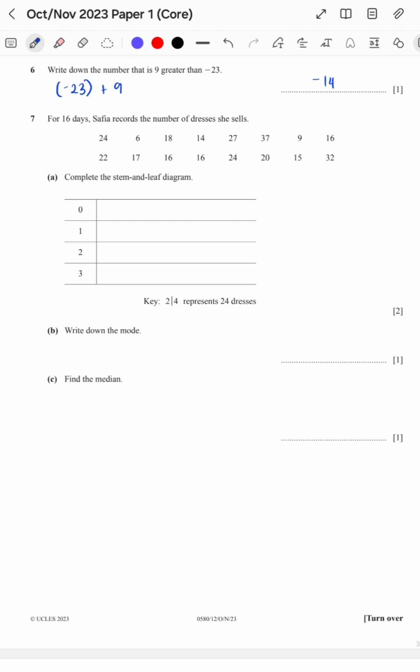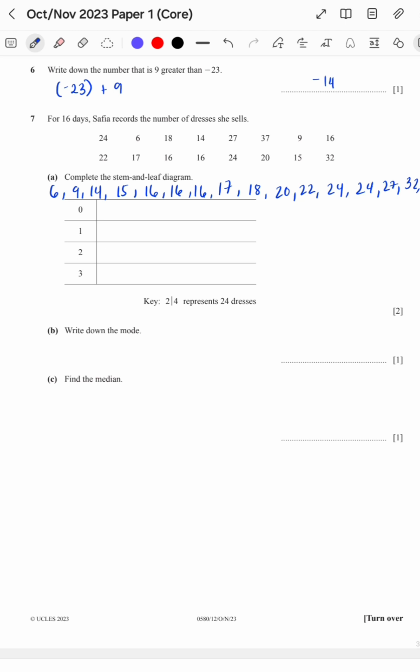So the smallest is 6, then 9, 14, 15, 3 16s, 17, 18, 20, 22, 24, 24, 27, 32, and the largest number of dresses is 37.